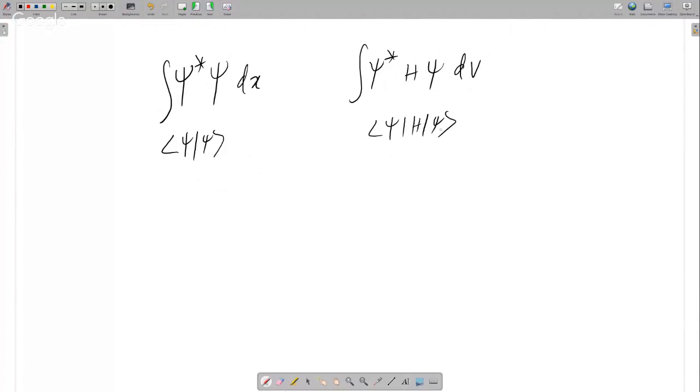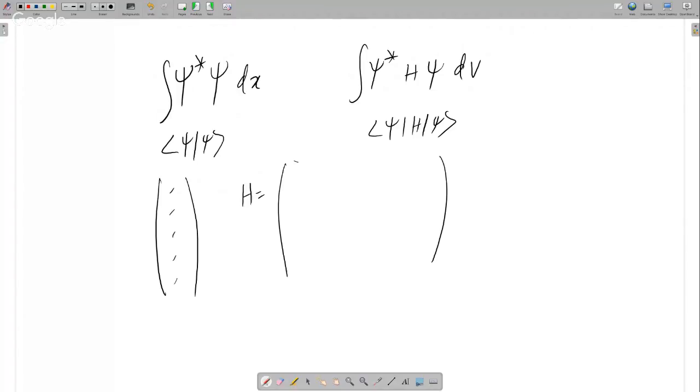Remember that each one of these psi is a column vector, a vector which has entries here, here, here, and so on. And H is the Hamiltonian of the system, which has a matrix form. So essentially it's a matrix that has to be taken.